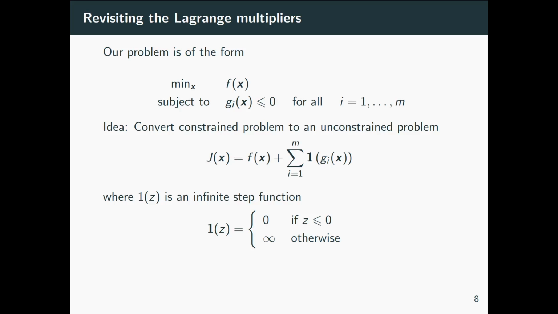So this function, for any argument z, is 0 if z is less than or equal to 0, which means that if the constraints are satisfied, then there is no penalty to be added. But if the constraint is not satisfied, then you add an infinite penalty, which basically means that there is no way in which the constraint can be violated, because that is the problem that you want to solve.